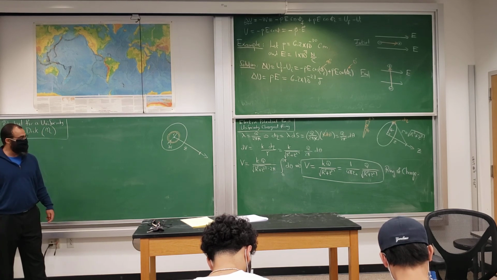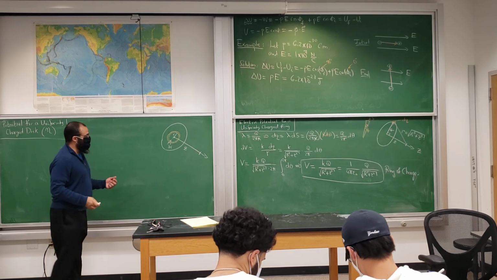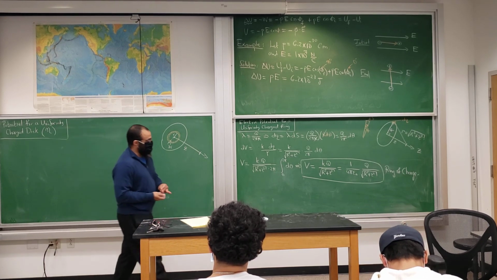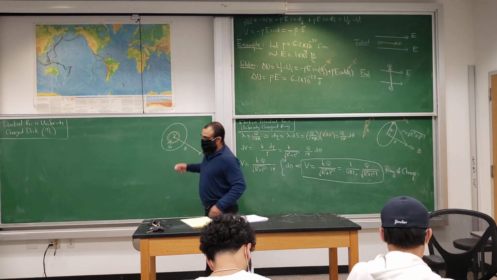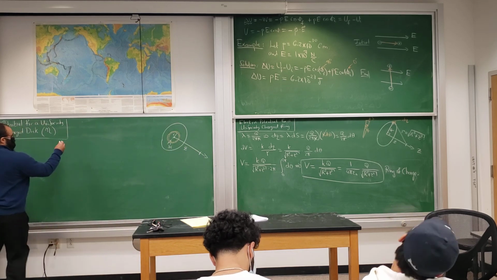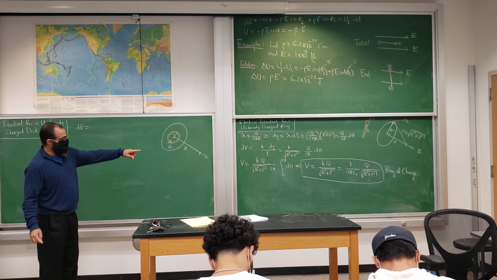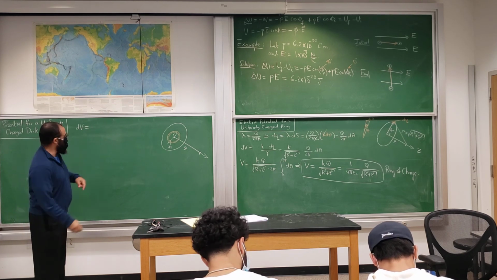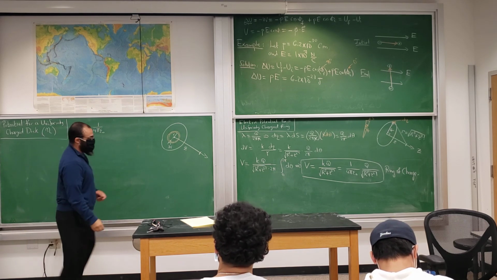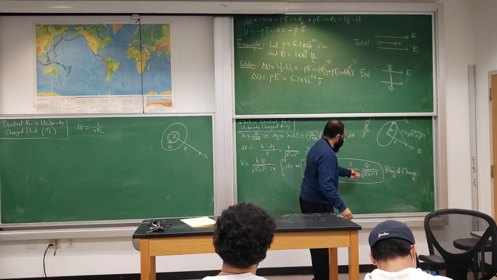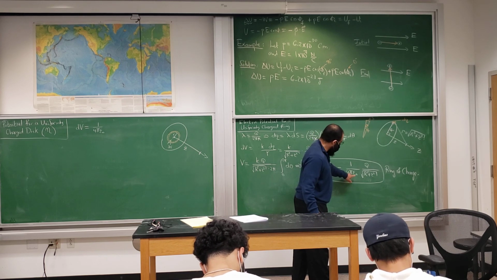Is that clear? Okay. So now, for this ring, if you just had one ring, this would be V, right? But now I have many rings. So in that case, dV would be the potential for one single ring, which is 1 over 4 pi epsilon naught. I will use the 1 over 4 pi epsilon naught for a reason that you will see.